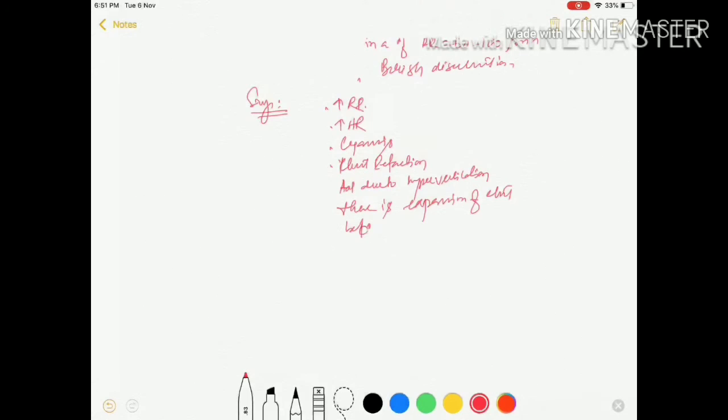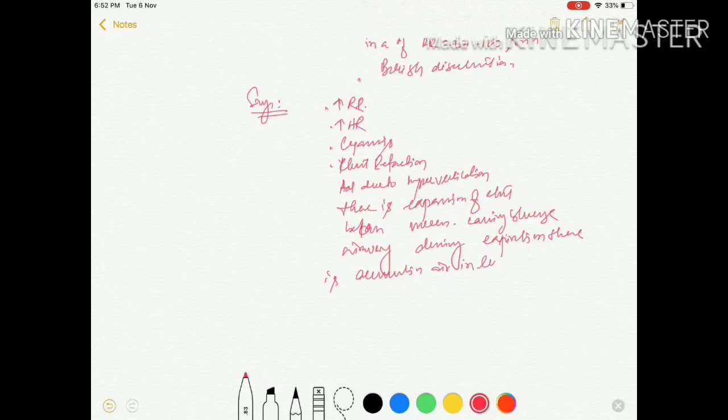Because mucus causes blockage of the airway during expiration, there is accumulation of air in the lung field, leading to hyperinflation of the lung field.